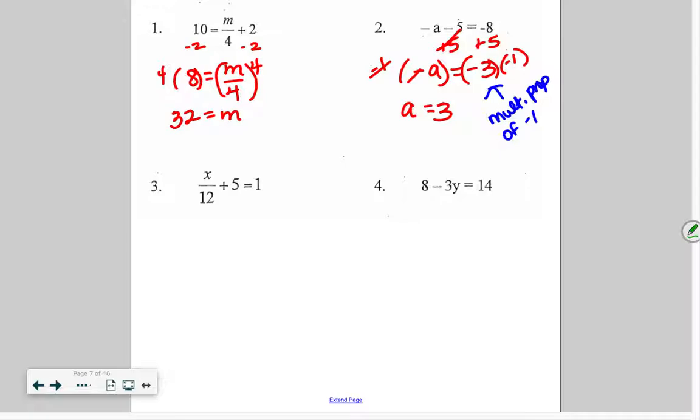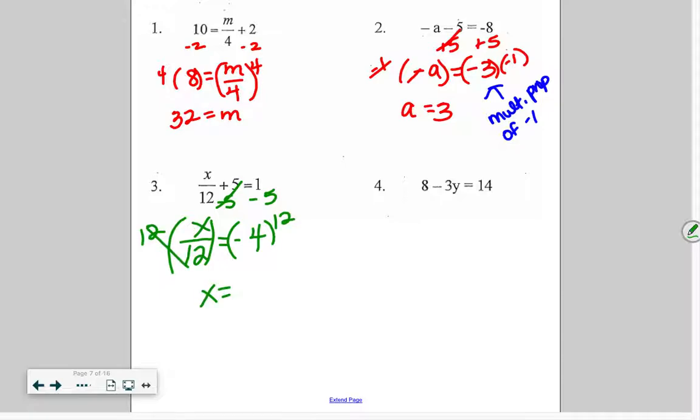Number 3. First thing we're going to do in number 3. So x over 12 is going to equal 1 minus 5 is? Next. Multiply everything by positive 12.